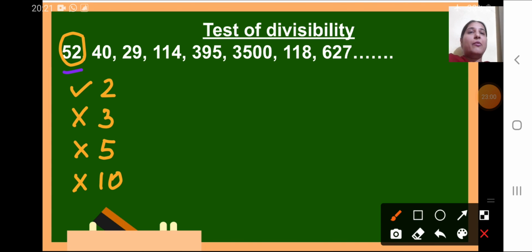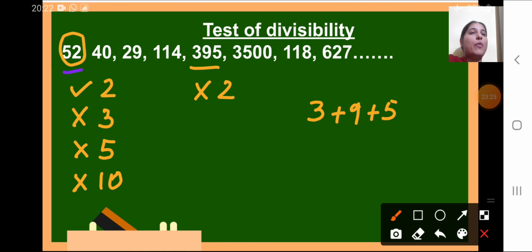Then let's take one more example like 395. Will it be divisible by 2? No, it will not be divisible by 2 because the digit at the ones place is not an even number. Then will it be divisible by 3? You add here 3 plus 9 plus 5.